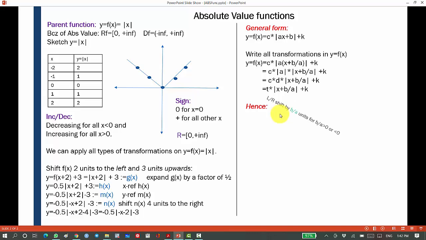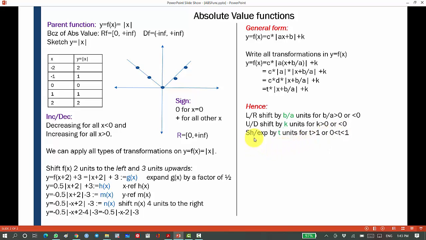Hence, what we have here is left or right shift by b over a, depending on whether b over a is positive or negative. We have upwards or downward shift by k units, depending on whether k is positive or negative. We have shrinking or expansion by t units, depending on whether t is greater than 1 or t is between 0 and 1.